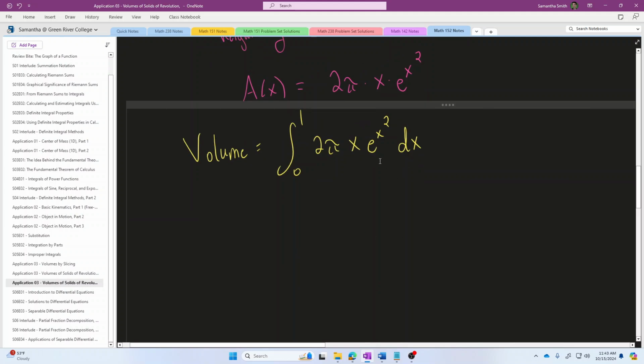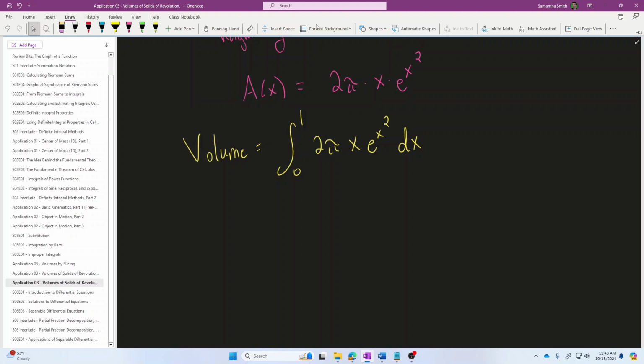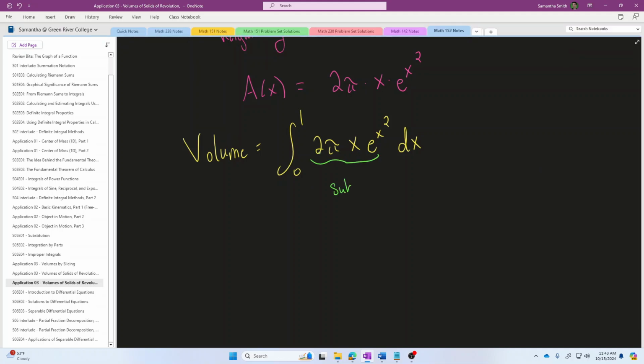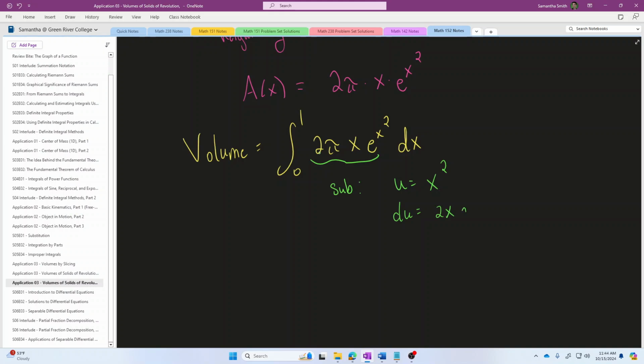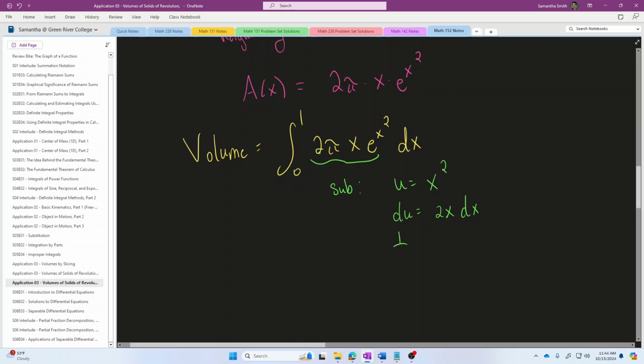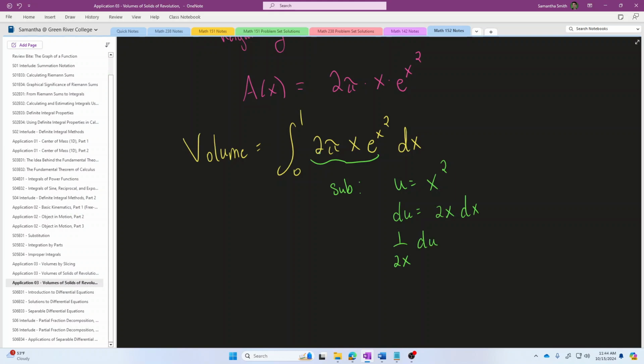Now, the integral contains a product of x times e to the x squared. And because I have a product where I have a function and the derivative of that same function present in the product, I think that this is a great opportunity to use method of substitution. For example, with u equals x squared, giving me du equals 2x dx, or in other words, 1 over 2x du, replacing dx.